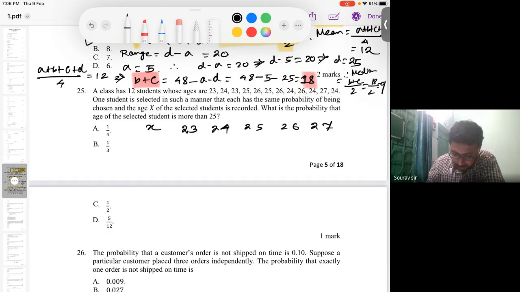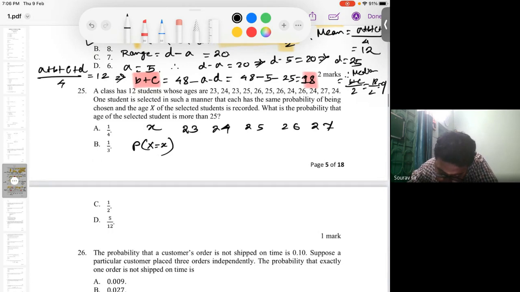Now we find the probability for each age. For 23, there are 2 students, and the total number of observations is 12, so it is 2/12. For 24, there are 4, so it is 4/12.